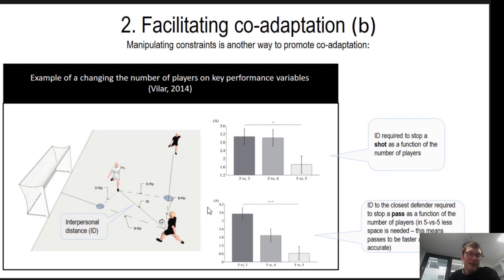And again, this is useful as a coach because you can facilitate people learning and practicing long passing, medium passing, and very short passing by just manipulating the number of players on the field. And this is going to help them learn different skills, and it's also going to help them become aware of the importance of managing particular relationships.